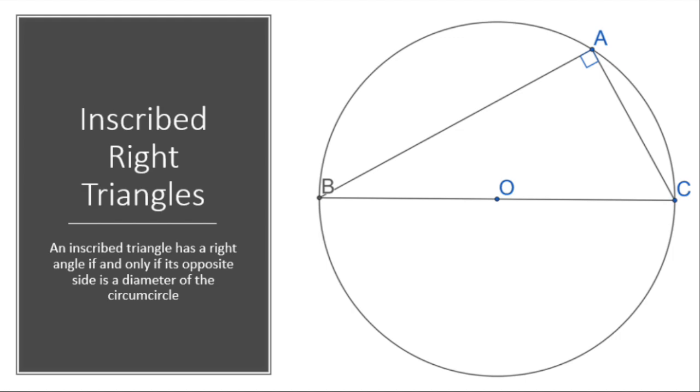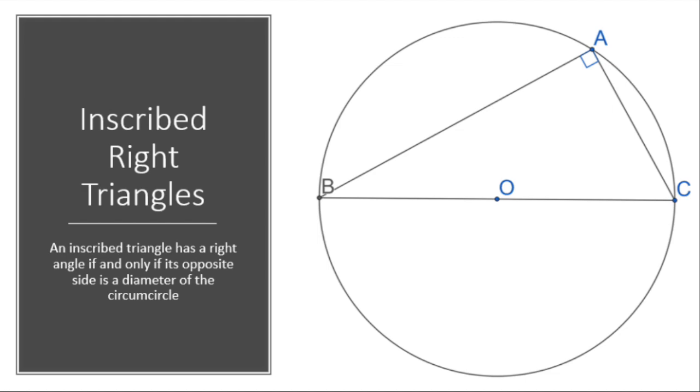But anyway, if you've got a diameter, in this case BOC, and you've got another point which connects to both B and C, in that case we call that A. So angle BAC must be equal to 90 degrees because we know that it is an inscribed angle, as it's looking at the opposite arc of this circle, and it is a point not located in the center but rather located on the opposing side of the circle.